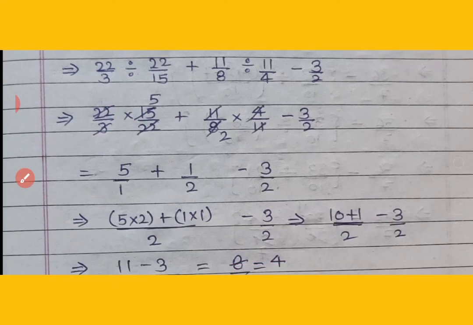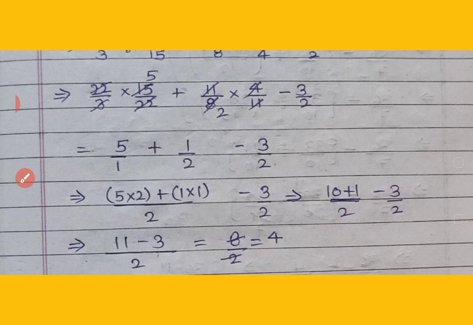Now we have three numbers, 5 upon 1 plus 1 upon 2 minus 3 upon 2. For addition, according to the rule of BODMAS, firstly we have to do addition. So I have taken a common denominator 2 here.